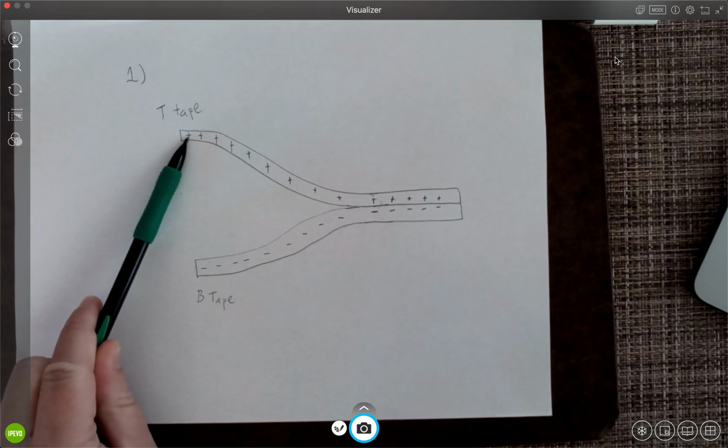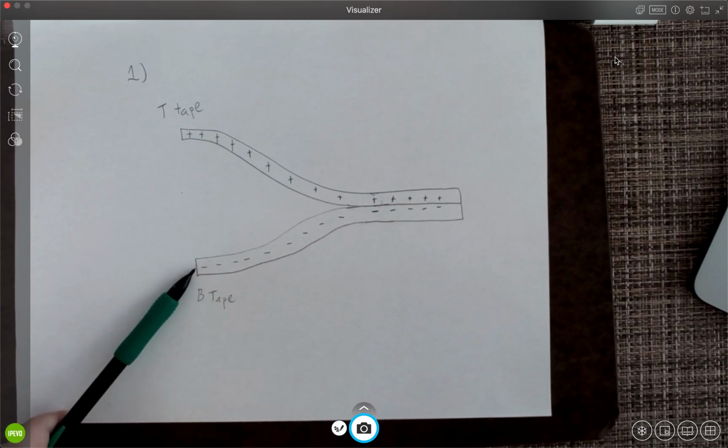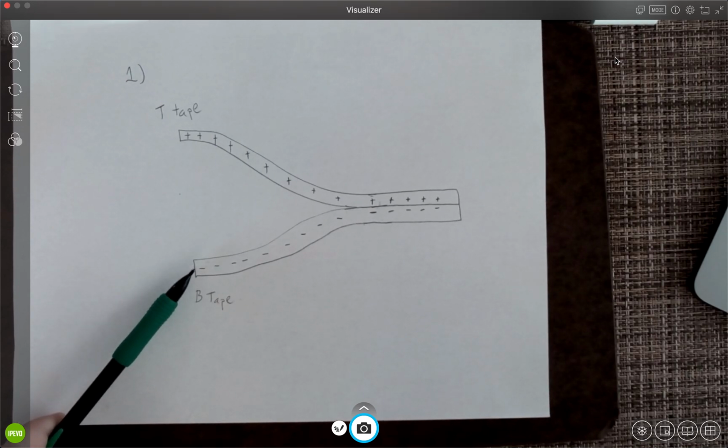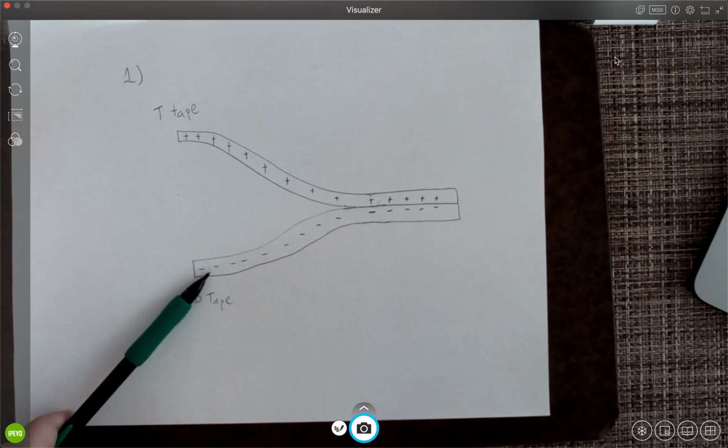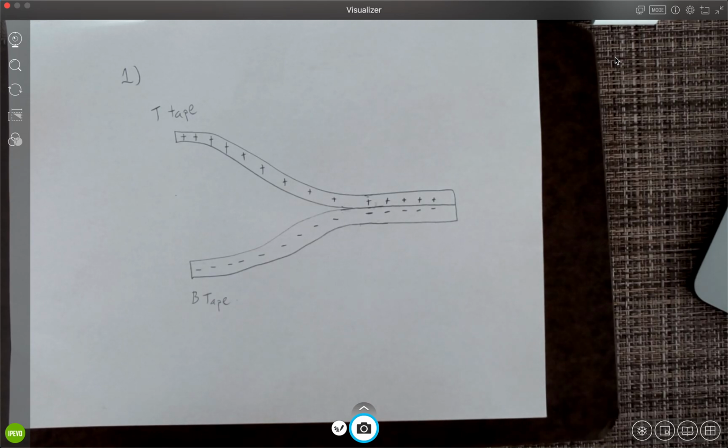Opposites attract. So we know this has to be positive because it was attracted to a negative. The bottom tape was repelled by the PVC rod, which is a negative charge. Opposites attract, like charges repel. So this negative charge has to be assigned to the bottom tape because it repelled from the negative charge.